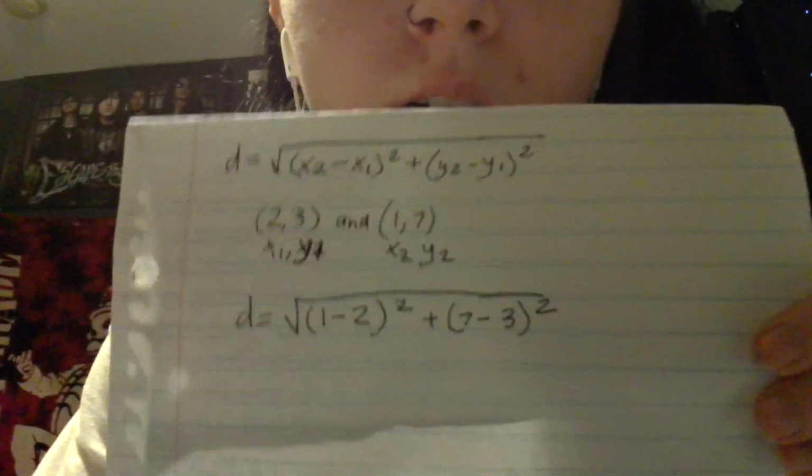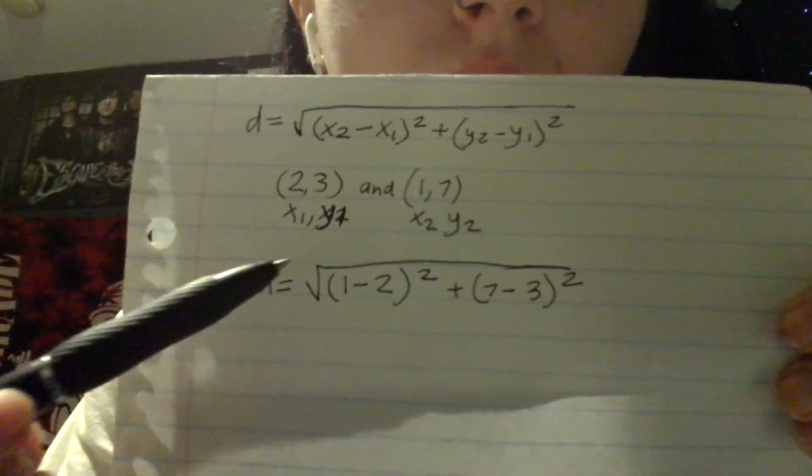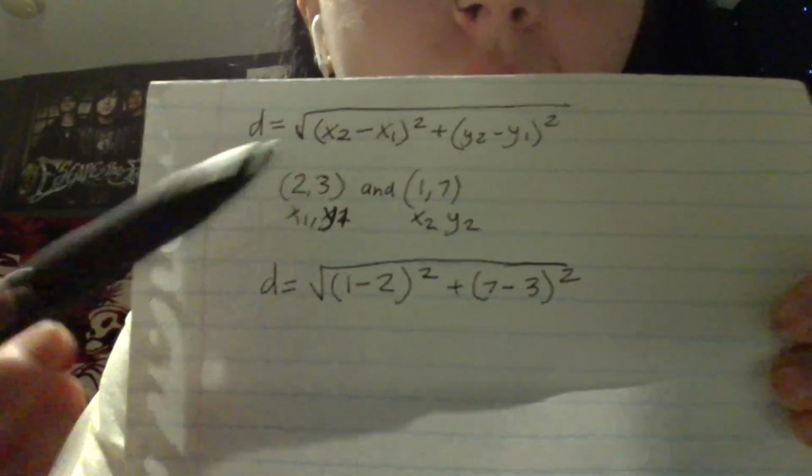Now we're going to go ahead and solve these by doing the parentheses first, and then adding them, and then doing the square root. So let me just go ahead and do that. So it would be d equals all over the square root, and then with my calculator it would be 1 minus 2, which equals -1, but we can't forget to put that to the second.